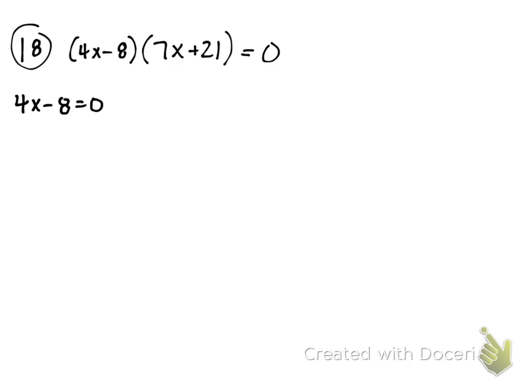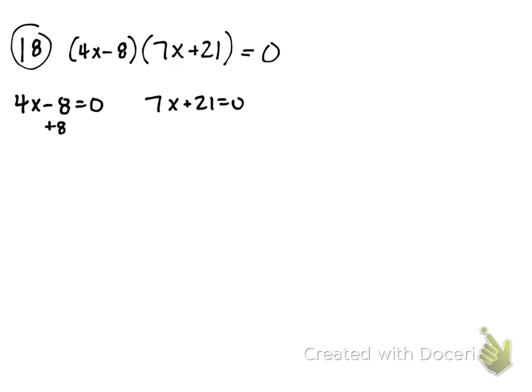Okay? So we have 4x minus 8 and 7x plus 21 equals 0. All right, what should I do first? Make 2 problems. 4x minus 8 equals 0. 7x plus 21 equals 0. What should I do on the first problem?